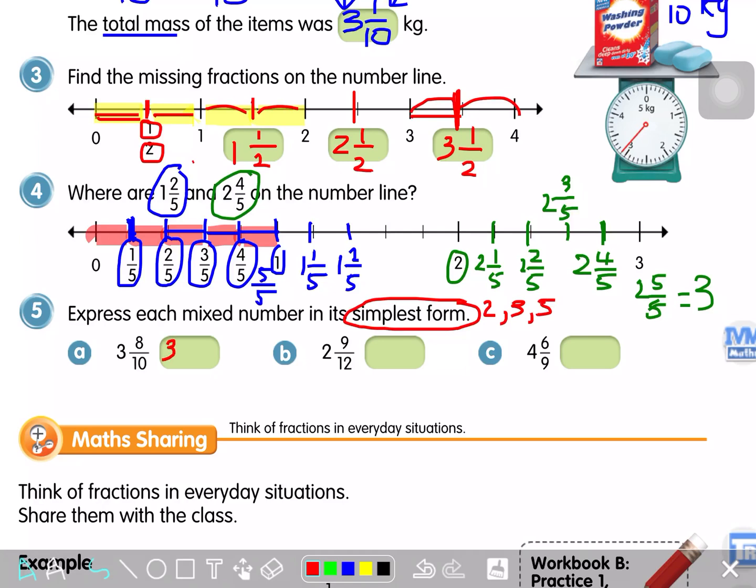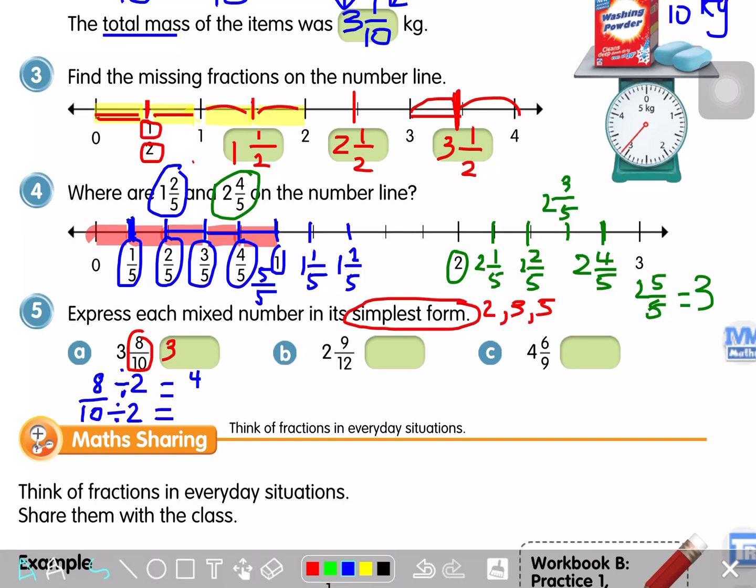Now we need to simplify the 8/10. So let me use another color. We have 8/10. First we will try to divide by 2, right? So can 8 be divided by 2? Yes. So that gives us 4. And then 10 we also need to divide by the same number, because if on top we divide by 2, below also need to divide by 2.